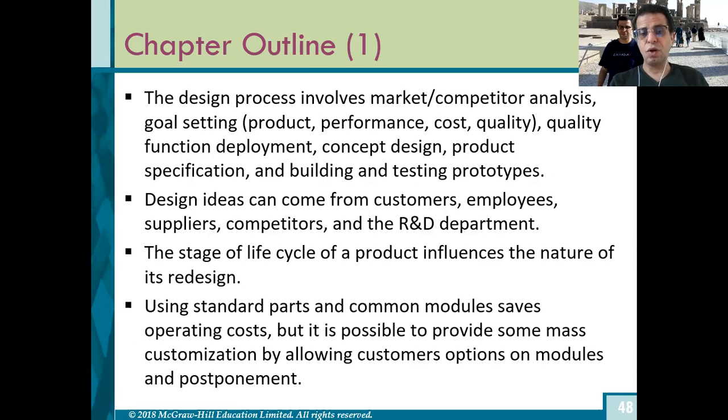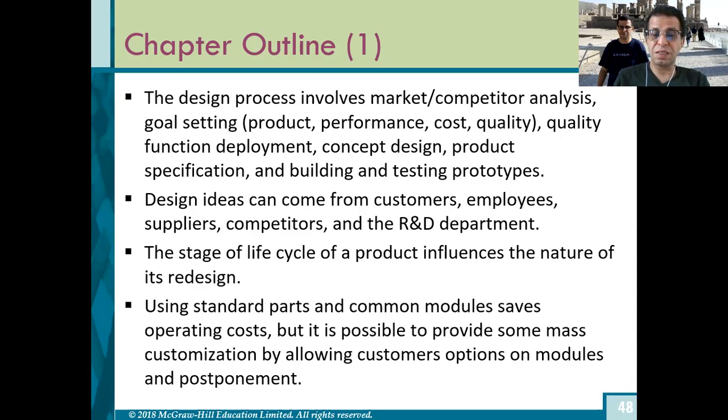So in this chapter, we talked about the design process, which involves market and competitor analysis, goal setting, such as product performance goals, qualities, and quality function deployment, concept design, and product specification, and building and testing prototypes. We also spoke about how design ideas can come from the customers, employees, suppliers, competitors, research and development.